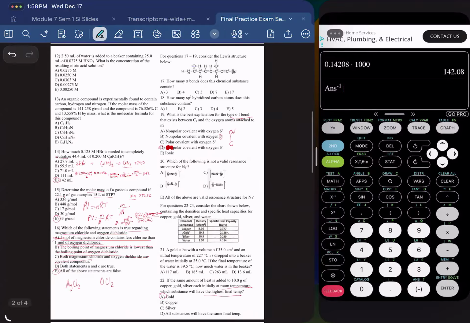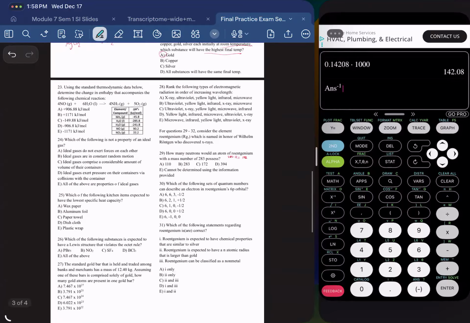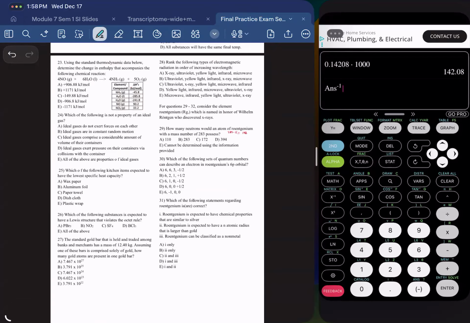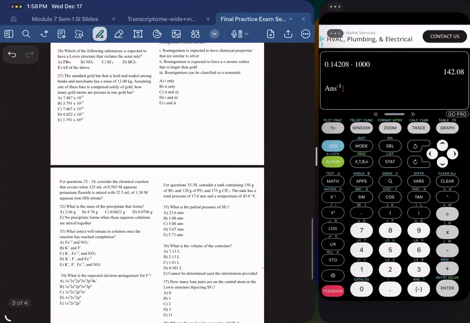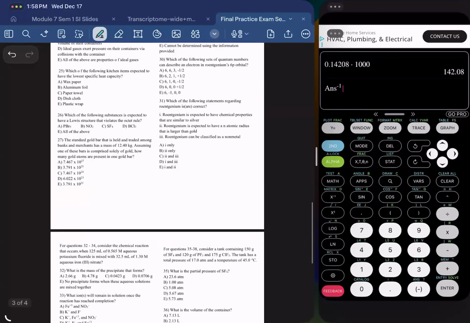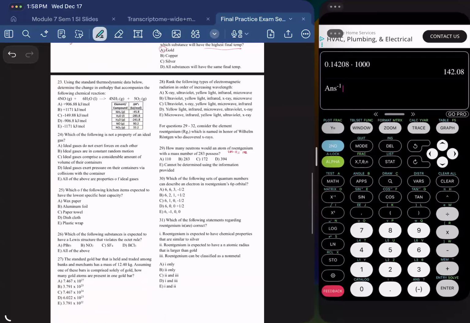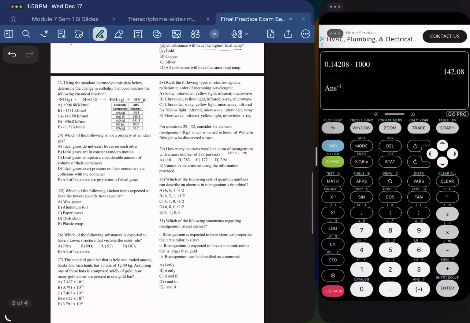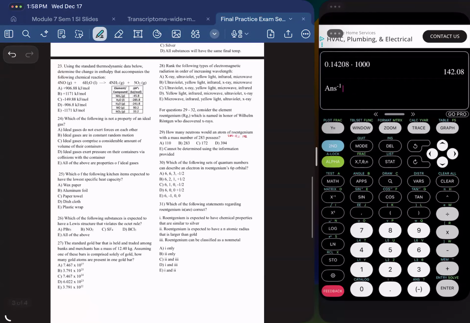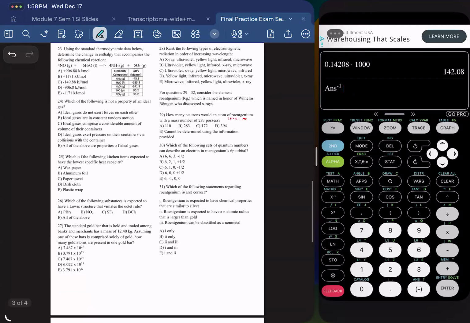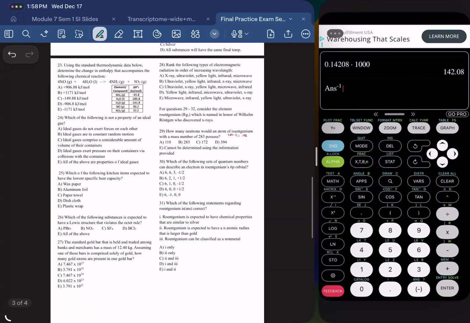Alrighty, then I'm going to move on. I'm going to let you guys work on all the rest of these. There's 15 questions or so, so I'll give you another 15 minutes to do it.